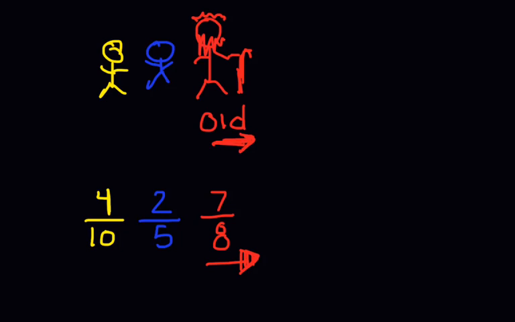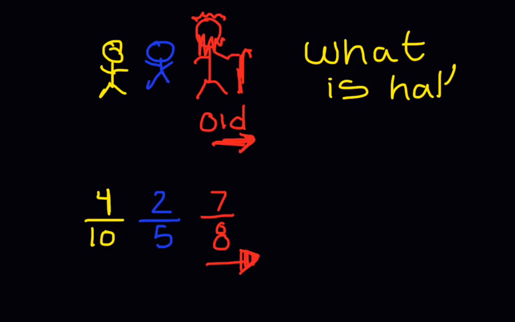So here's the trick. You just need to think about the following question. What is half? So remember, the bottom number of a fraction is what we're counting. It's the little things, it's the pieces. So if I have 10 things, 1, 2, 3, 4, 5, 6, 7, 8, 9, 10, and let's say someone steals 4 of them.